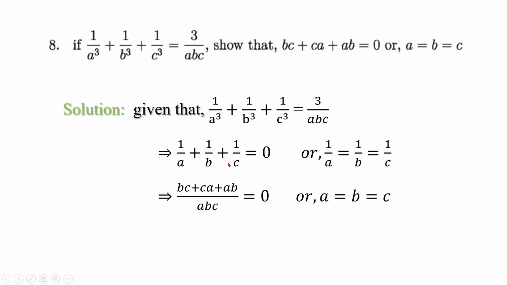Now adding this, we get this, and applying invertendo, we get a is equal to b is equal to c. Therefore, we get bc plus ca plus ab is equal to 0 or a is equal to b is equal to c.